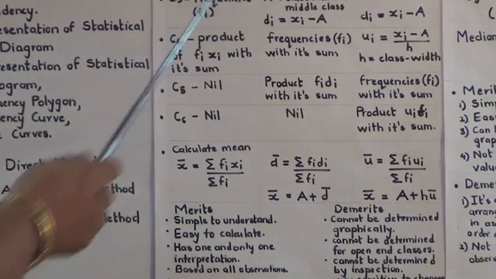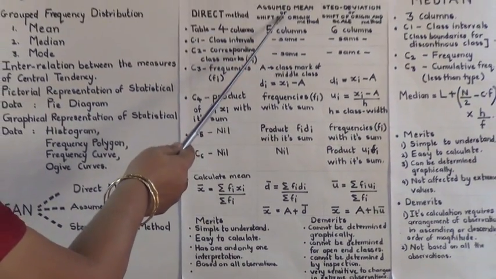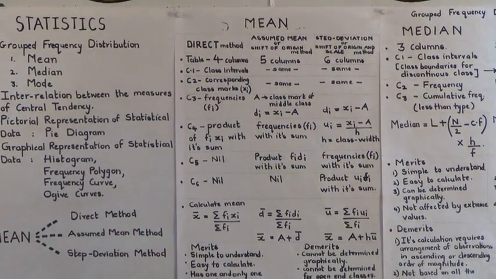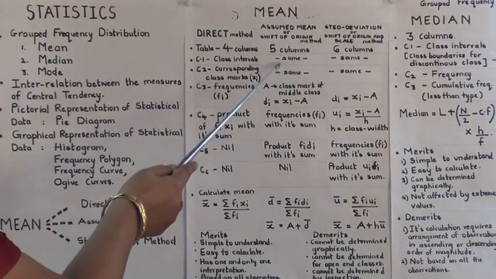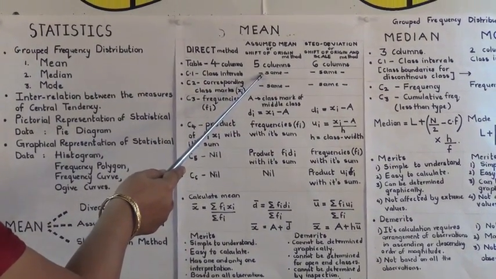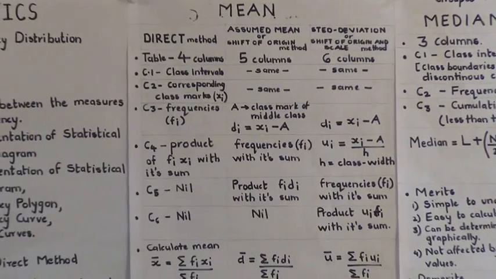Suppose for the same sum you have to calculate the mean by the assumed mean method, which would consist of 5 columns. The first 2 columns will remain the same, that is to enter the class intervals and their corresponding class marks.